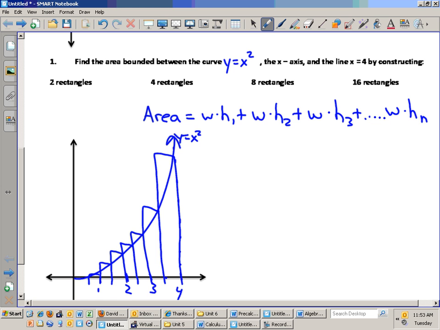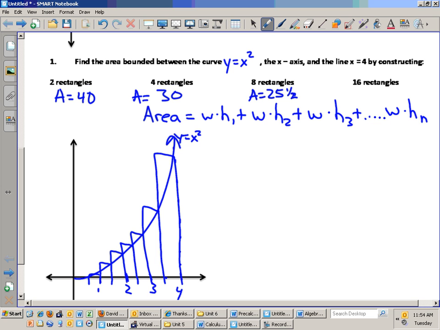Can you get area equals what? 40? How about four rectangles? 30? And how about eight rectangles? Area equals 25 and 1/2. You can see that we are quickly closing in on the actual number. And so 16 should probably give us a really good approximation.